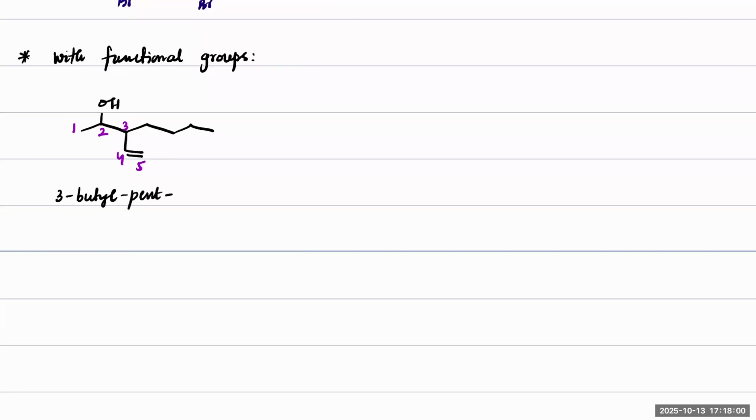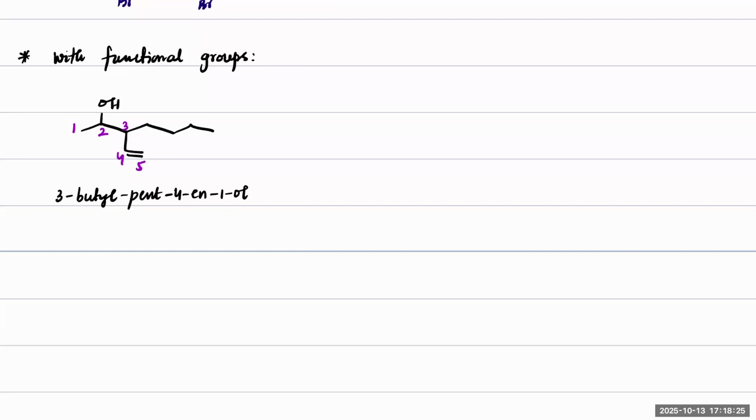And after that, at the fourth position, we have ene. So 4-ene and 1-ol, correct? And O is a vowel sounding letter, so that small e should not come into the picture here. Correct? So this should be the name.